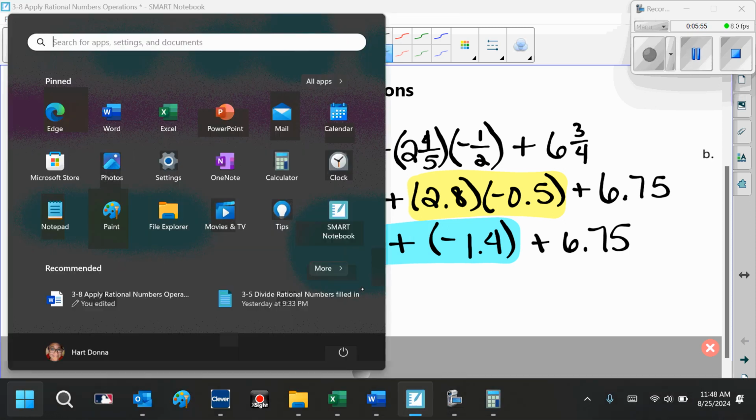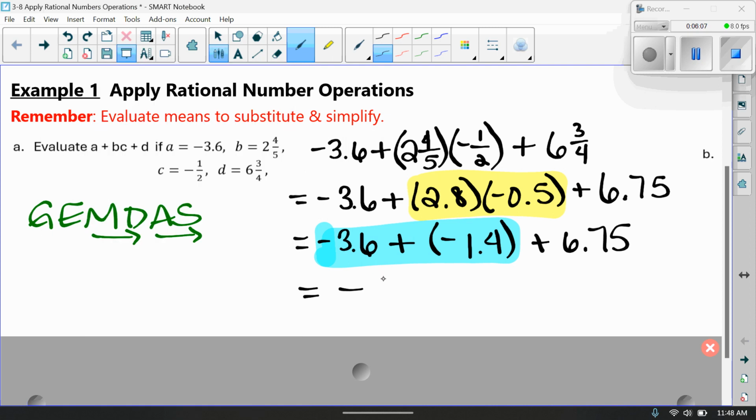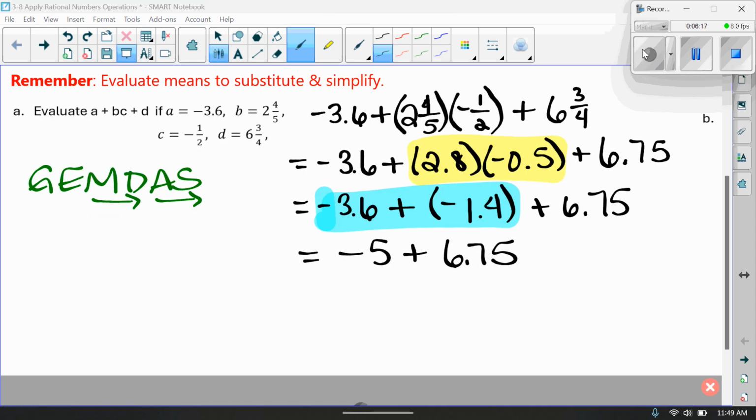And then we'll put, if you need it, 3.6 plus 1.4. We add the digits. So that's going to give us a 5. So this is negative 5 plus 6.75. All right, so now we have a negative plus a positive.